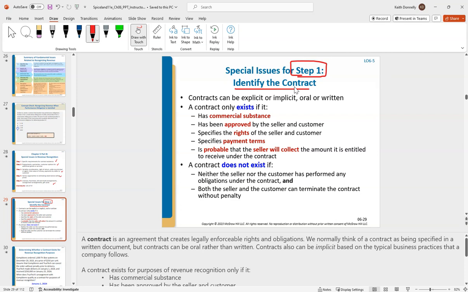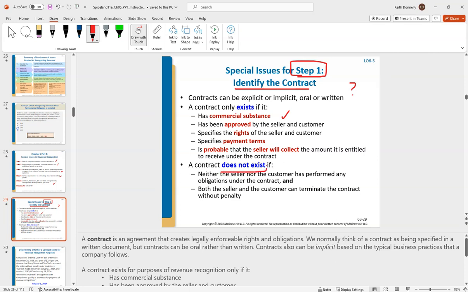Essentially you have to see, do we have a contract? And how we define a contract here is for purposes of revenue recognition. We're looking for things like commercial substance, it's been approved, there are rights, there are payment terms, and it's probable we're going to collect.